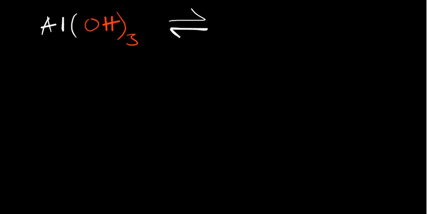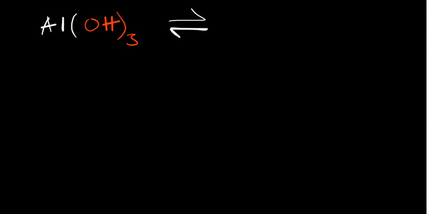So for example, if you have aluminium hydroxide, Al(OH)3, this is an example of a solid that you can have. You have aluminium, then you have hydroxide. So you need to write what we call the dissociation reaction, which will show the way it's going to break down into its ions.